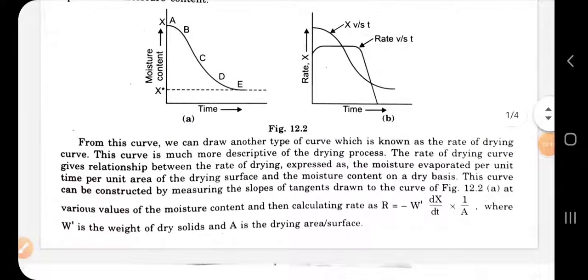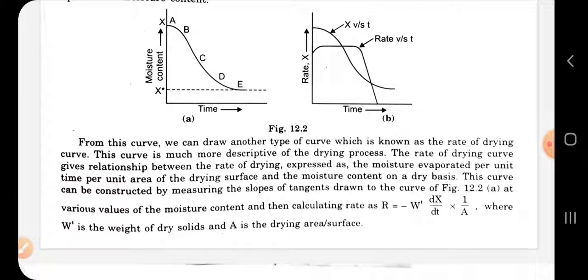Another curve we have is the rate of drying versus time, which can be drawn from the previous curve we studied, that is 12.2a. This curve, known as the rate of drying curve, is much more descriptive of the drying process. Here rate of drying is the moisture evaporated per unit time per unit area, and it is plotted against time.